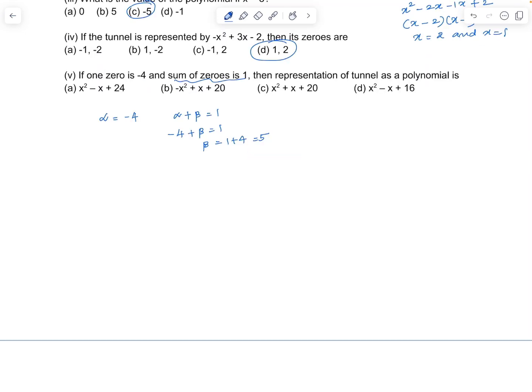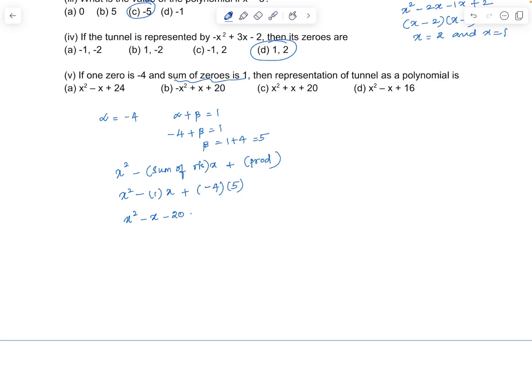The format of the polynomial using the sum of the roots and product of the roots is given by x square minus sum of roots times x plus product of roots, which is x square minus sum of roots is 1 plus product of roots is minus 4 times 5, which gives us x square minus x minus 20.